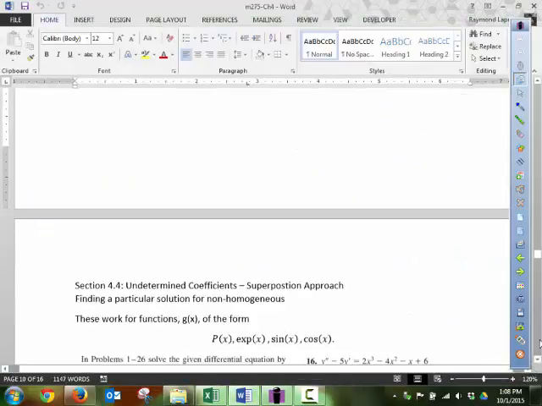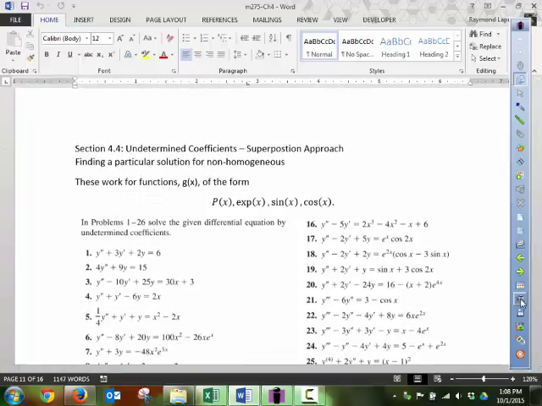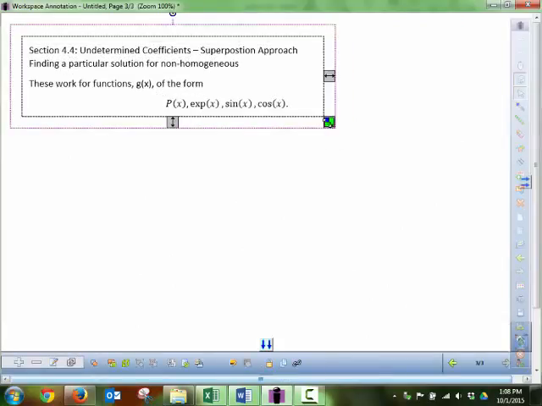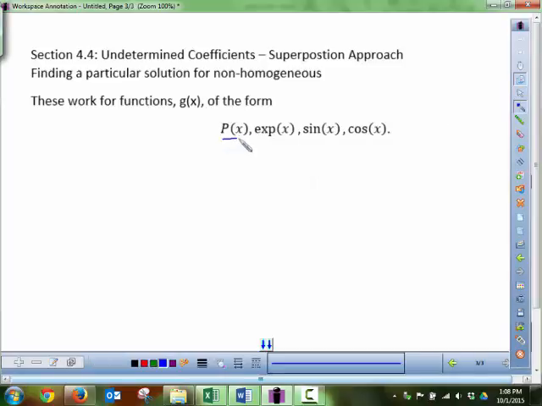And in doing so, we will find a particular solution to non-homogeneous differential equations where your right-hand side of the differential equation is either a polynomial, an exponential function, e raised to the alpha times x, whatever alpha is.